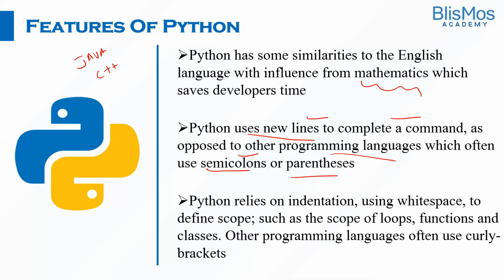Other programming languages use curly braces to define the scope of the code. The scope can be a function or a loop, but Python makes it simple. It relies on indentation. So you have to be really particular about indentation, because Python decides the scope by indentation using white space. So be really careful with indentation.